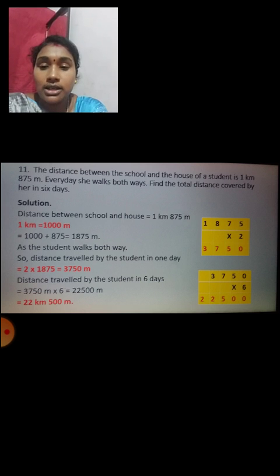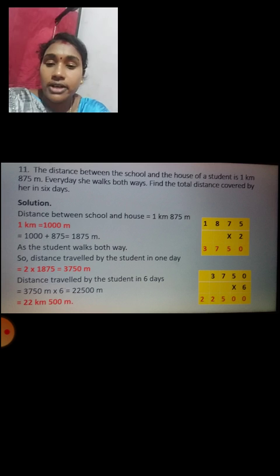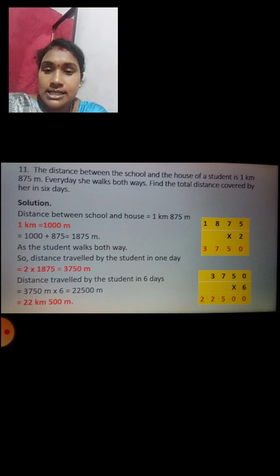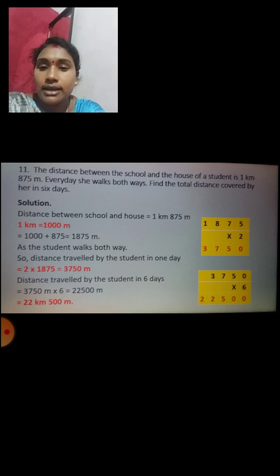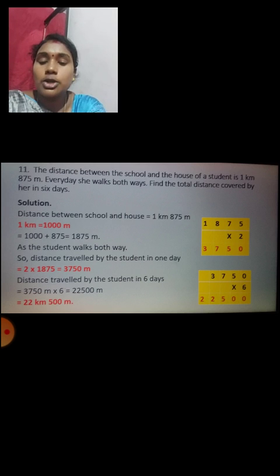Right children? So let's go on to solving the problem. First, write down the distance between the school and the home. It is 1 kilometer 875 meters. As I told you, whenever a sum is given in two different units, convert them into only one unit.